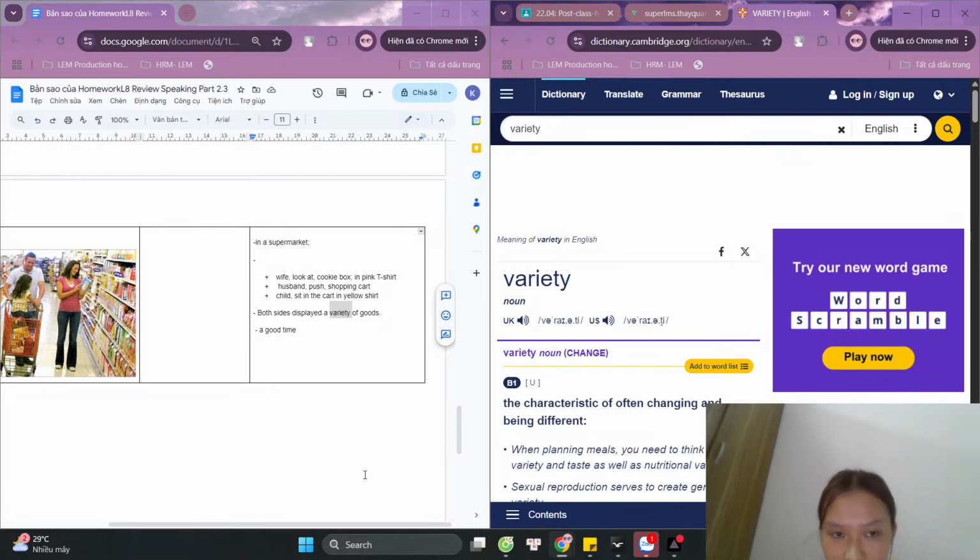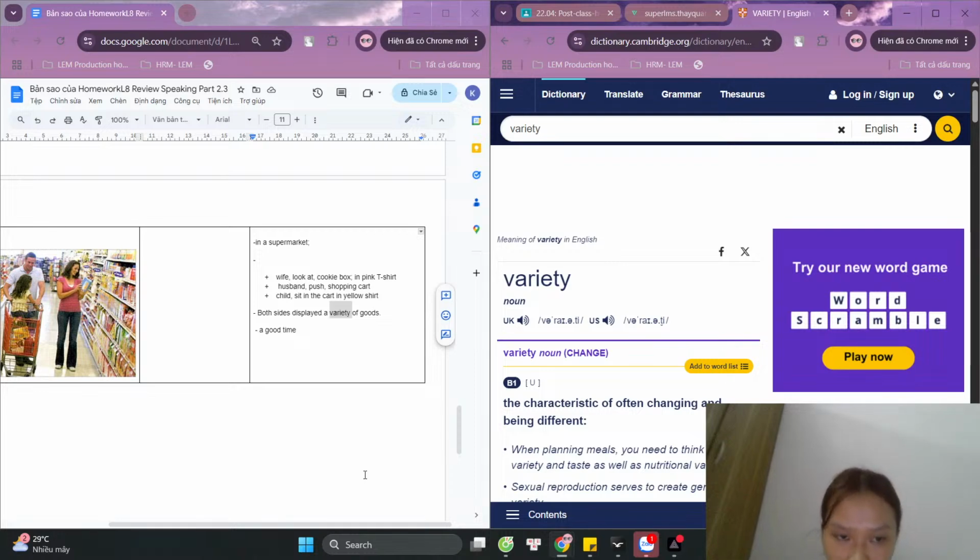This is a picture of a supermarket. On the right side, a wife is looking at cookie bars.